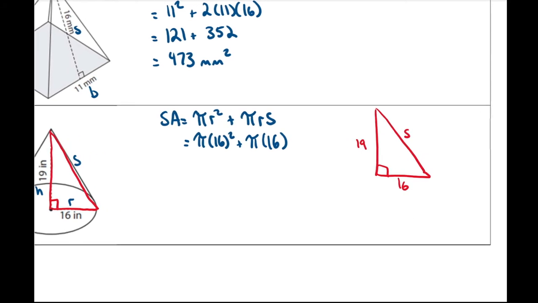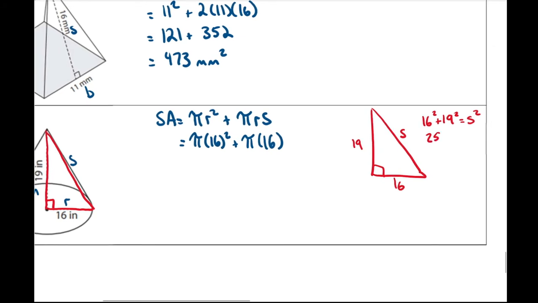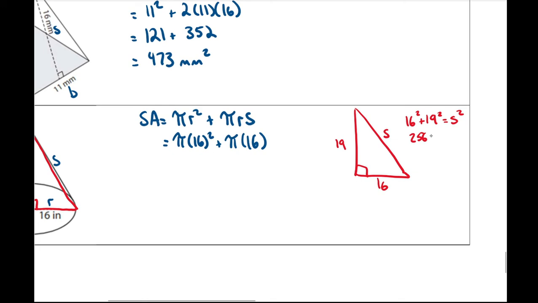We do have a formula, Pythagorean theorem, that says the sum of the two legs squared, so 16 squared plus 19 squared, has to equal that diagonal or that hypotenuse squared. So 256 plus 19 squared, 361, equals s squared. 256 plus 361 is 617. And at the end, I need to square root that number to get just the length.